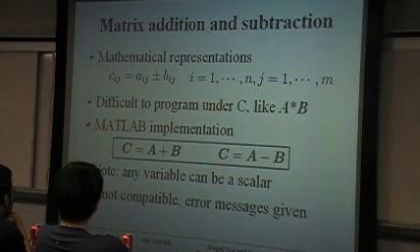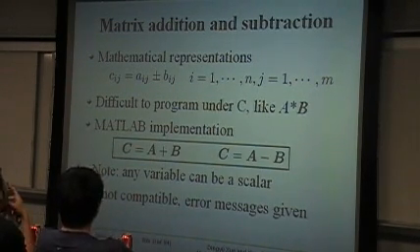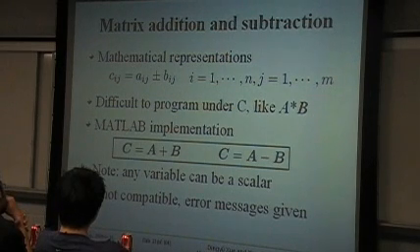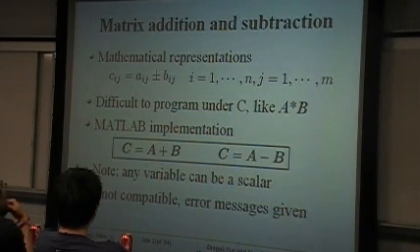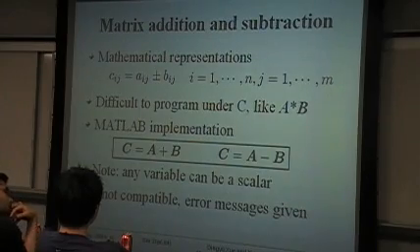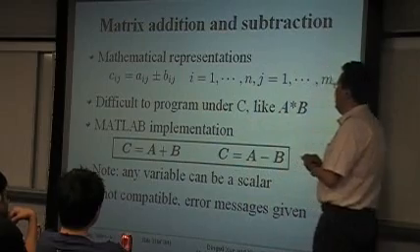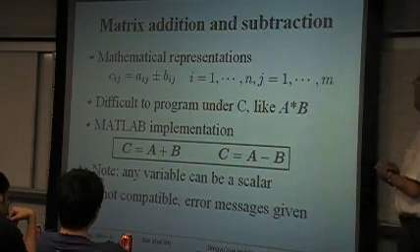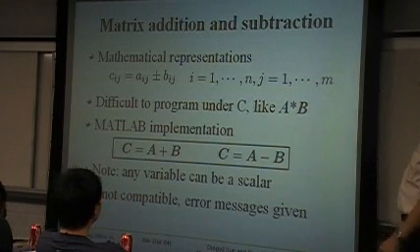And addition and subtraction are quite straightforward. You just use C equals A plus B. That's enough. If they are compatible, then you can get the result. If they are not, then you get an error message. So you can use them directly, no matter whether A and B are real or complex. As long as they are compatible, you can get the results.